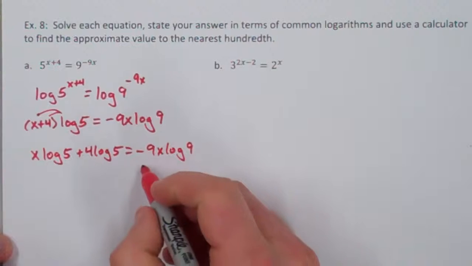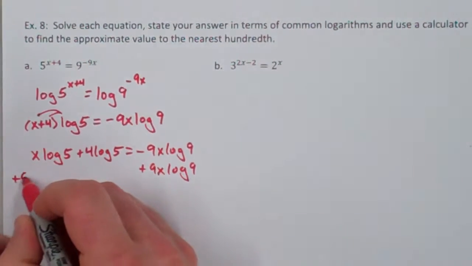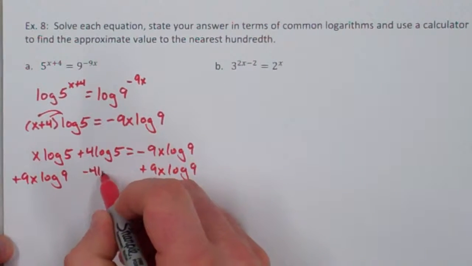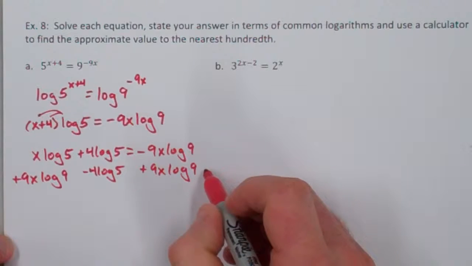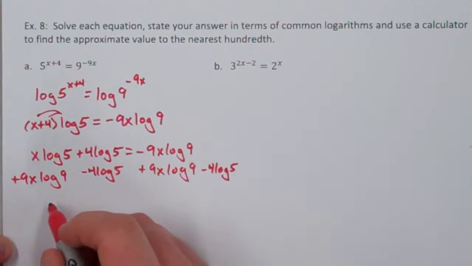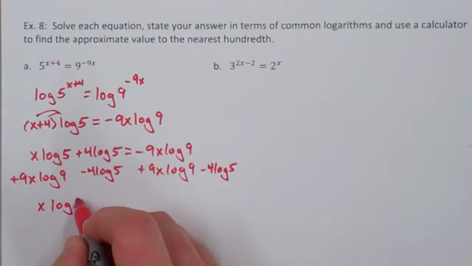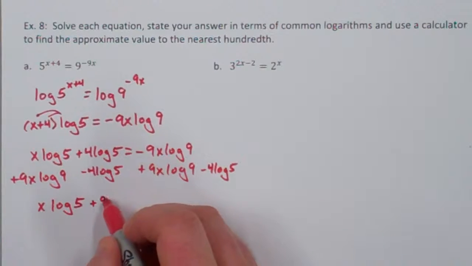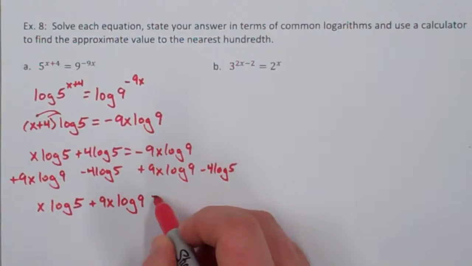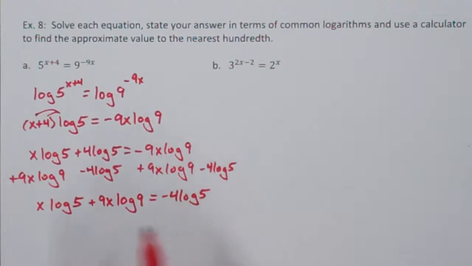We need to add 9x log 9 to each side, and then subtract 4 log 5 from each side. If we do that, we're going to be left with x log 5 plus 9x log 9 is equal to negative 4 log 5.